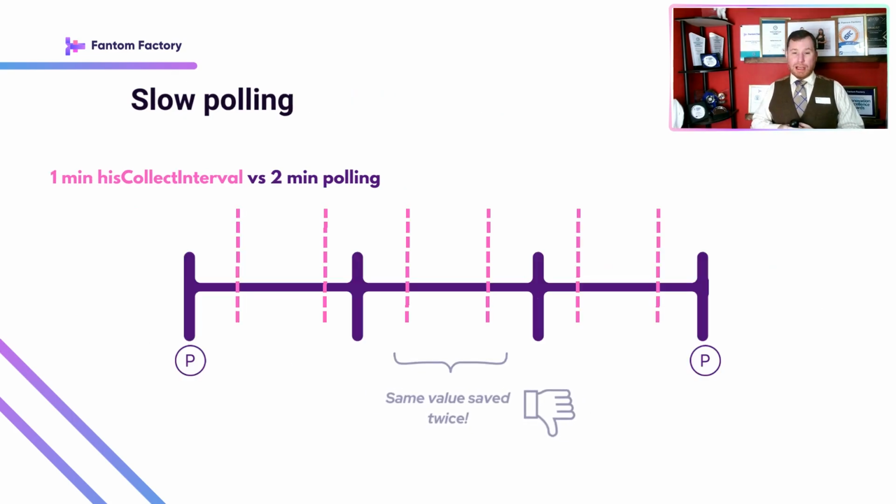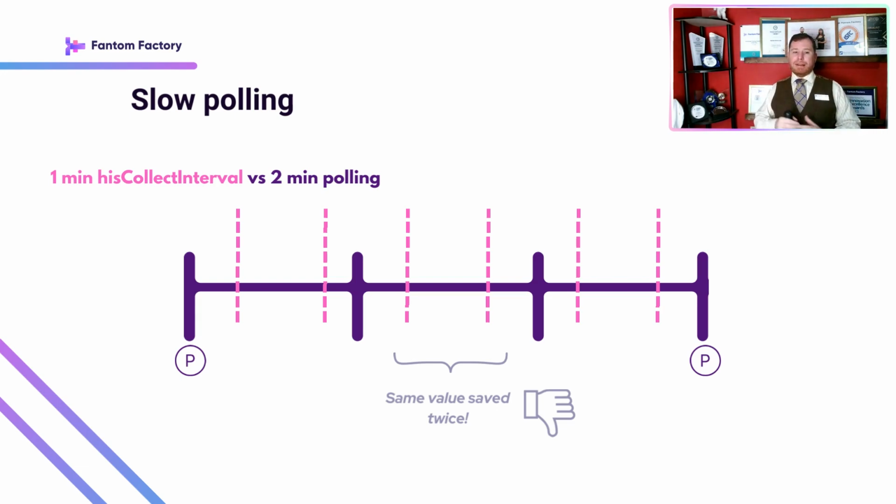Conversely, you don't want to set your polling interval to be too slow either. Because if your polling interval is longer than your hisCollect interval, then you're just going to end up saving the same values to Folio twice. And that's just a waste of the database storage. So what kind of ratio between polling interval and hisCollect interval should we be using?